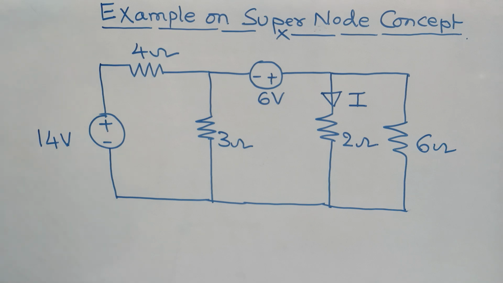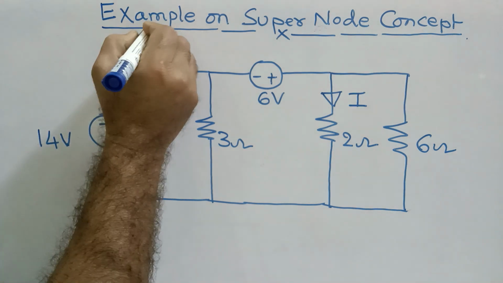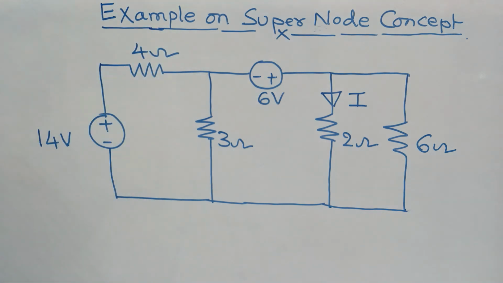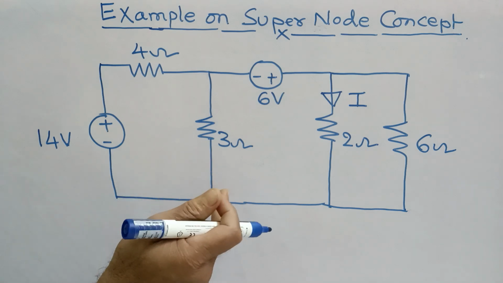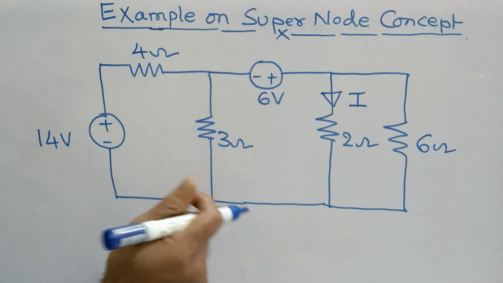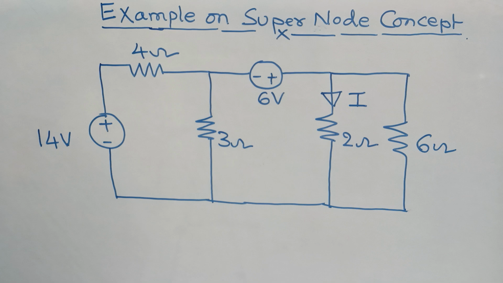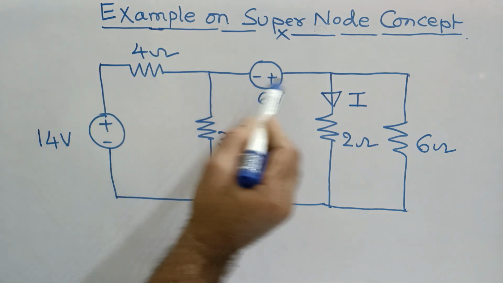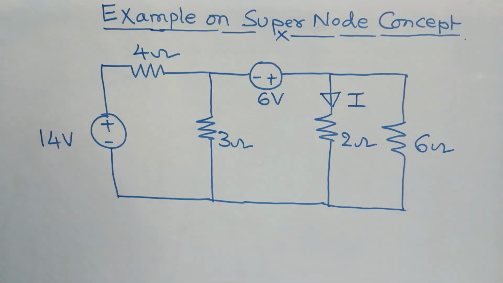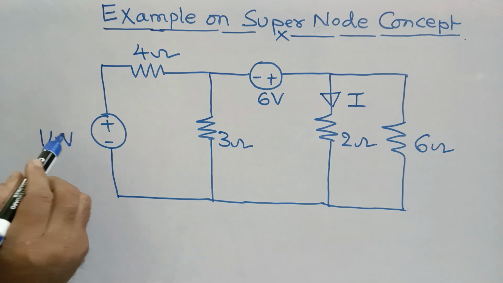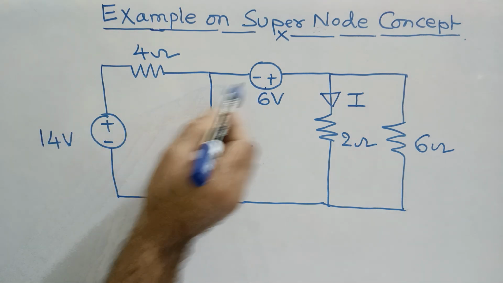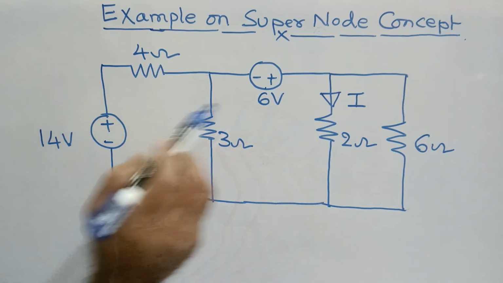In today's presentation, I am going to explain how the supernode concept will be used in another similar kind of example, as we discussed in our previous presentation. If you see this simple electrical circuit, it has different voltage sources as well as different resistors.